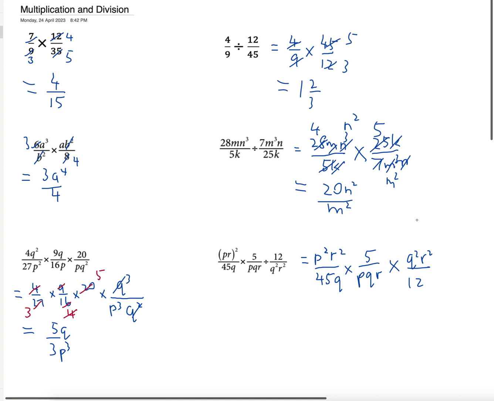If there are only a few numbers, we can just cancel, but when there are too many numbers, it's good to separate it. Alright, so this is 9, and that's about it.